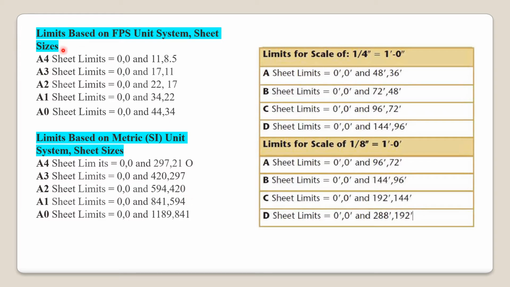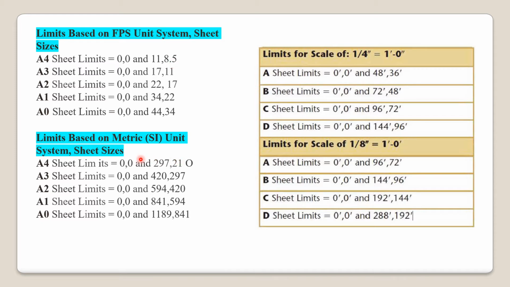Here, for example, is an A4 size sheet area: one corner is 0, 0 and the opposite corner is 11, 8.5. Similarly for different sizes. This is in the FPS unit system, and the other is in the SI unit system, in millimeters. For example, x comma y: x is 0, y is 0, and the upper limit x is 11 inch, y is 8.5 inch.